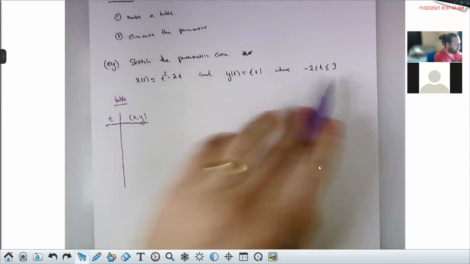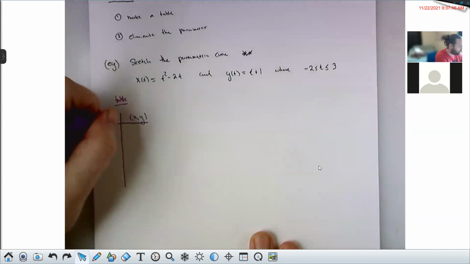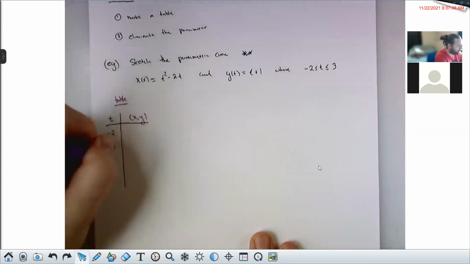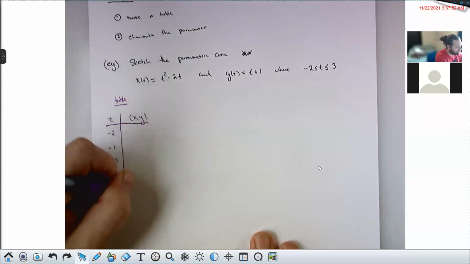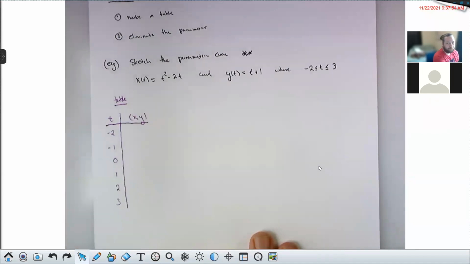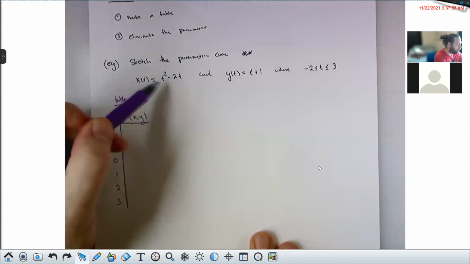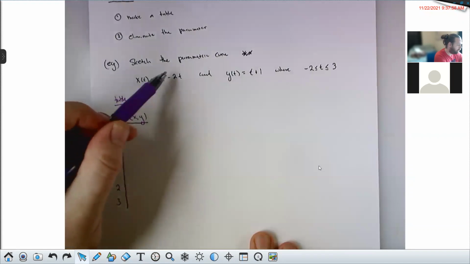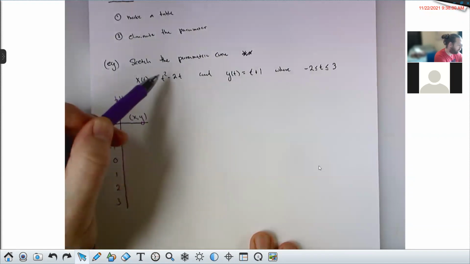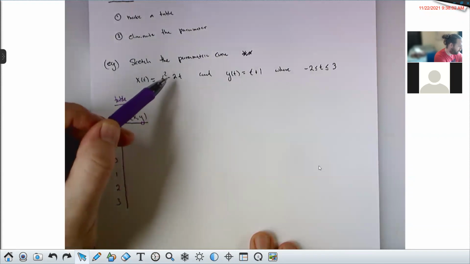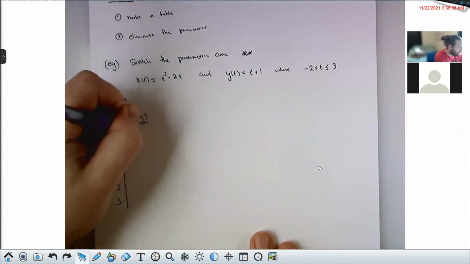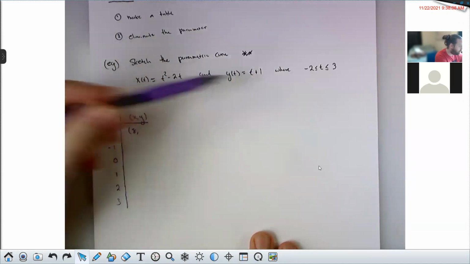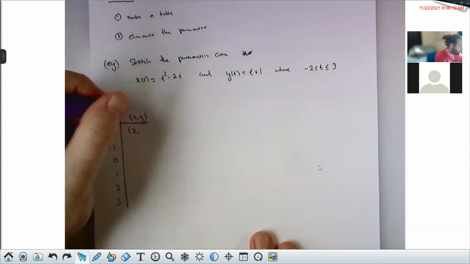And since I'm told t is running from -2 to 3, I'll just use integers there: -2, -1, 0, 1, 2, and 3. When t is -2, x is 4 minus 2 times -2. That's 4 plus 4, which is 8. And y is -2 plus 1, which is -1.